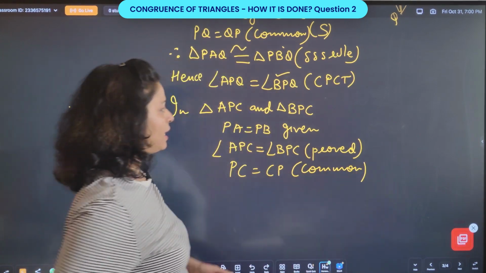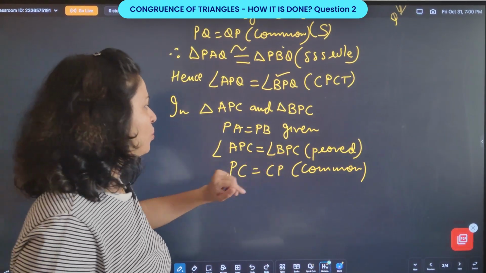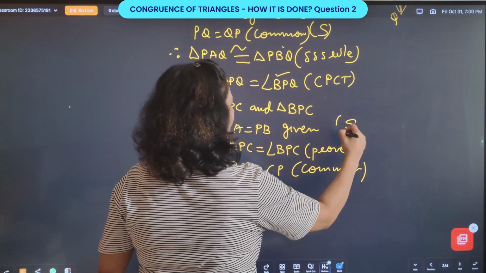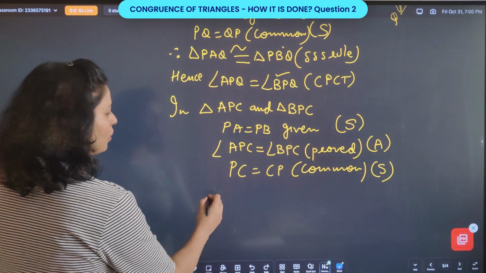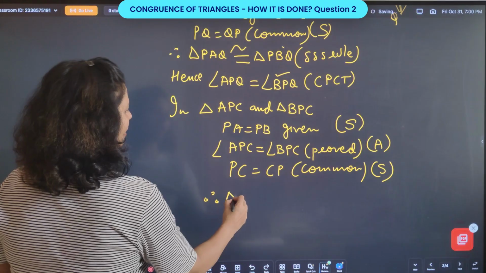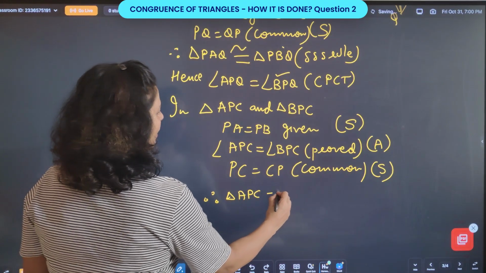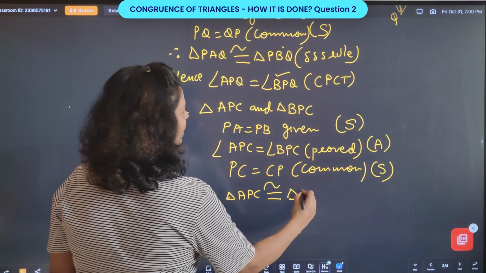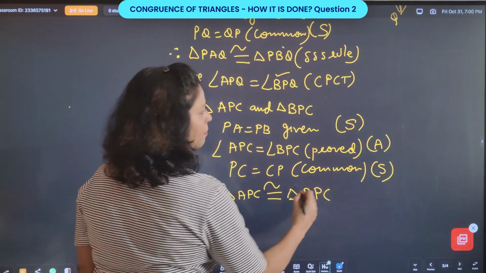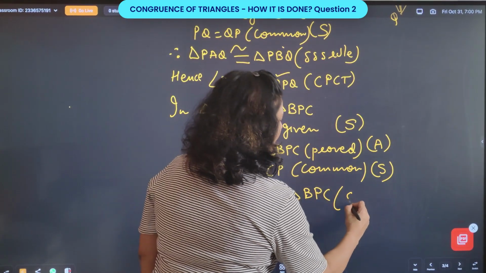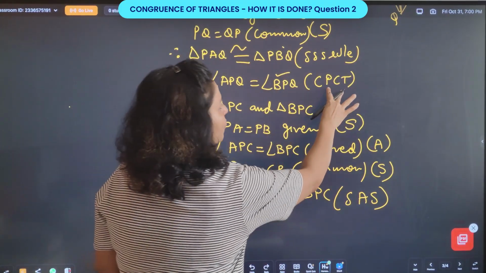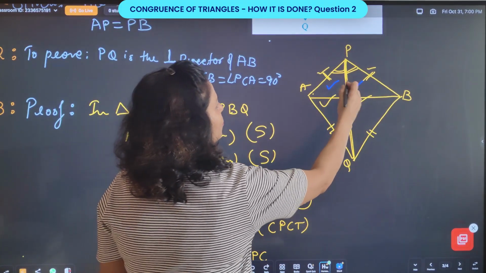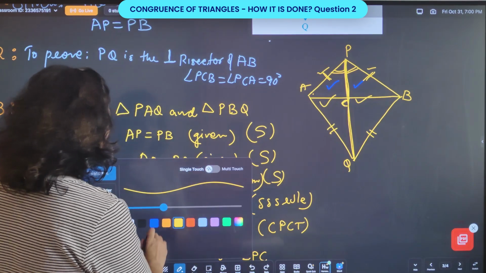Now students, can you tell me which rule we can apply here? This is S, A and S. So triangle APC is congruent to triangle BPC by SAS rule.